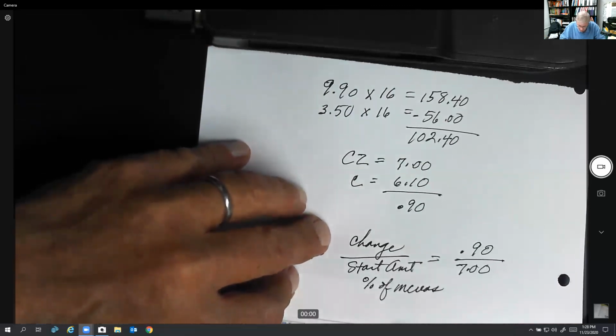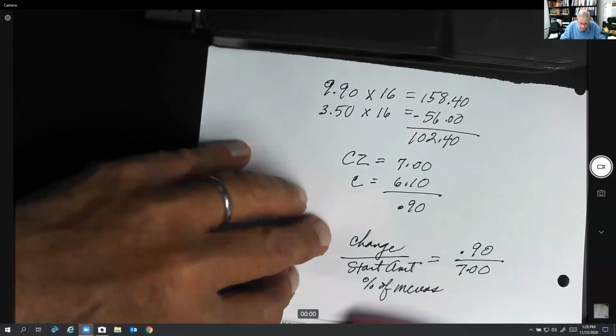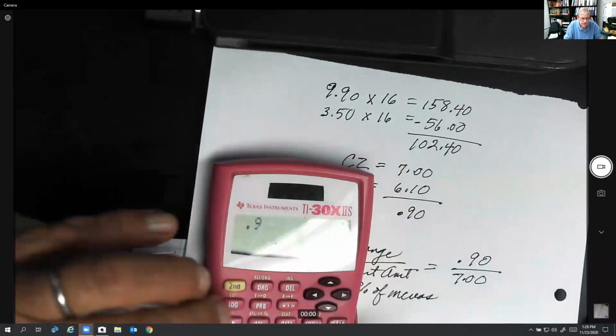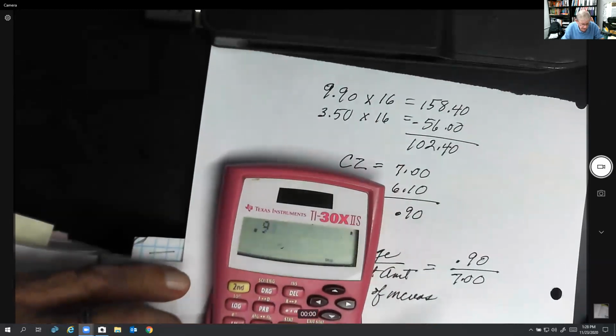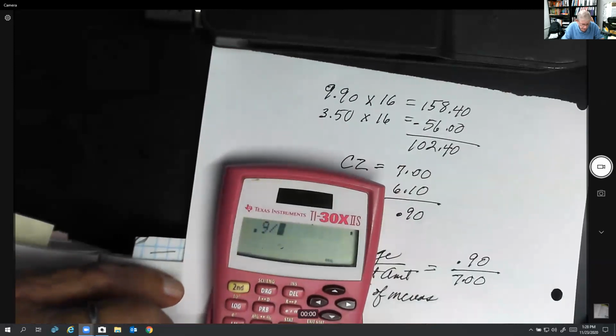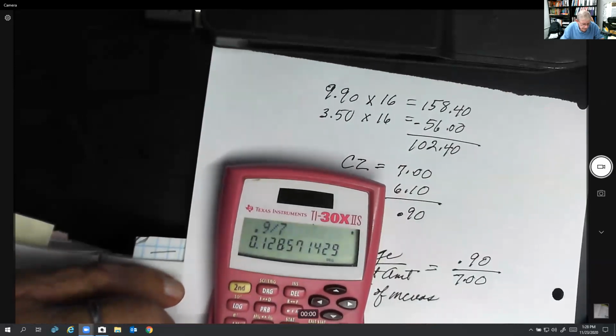Let's see if I got it right. 0.9 divided by 7. And I came up with 0.128.